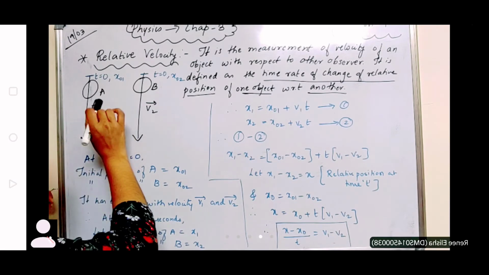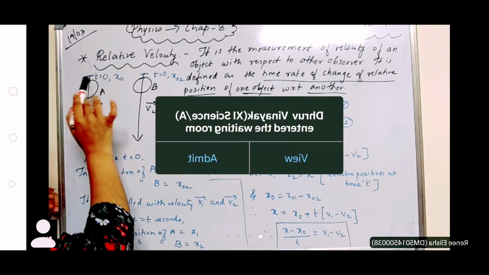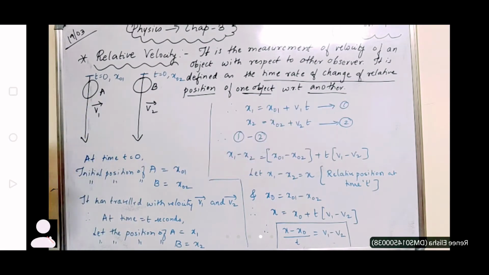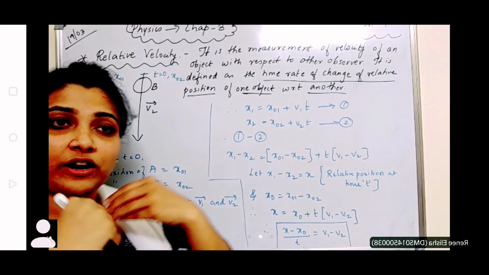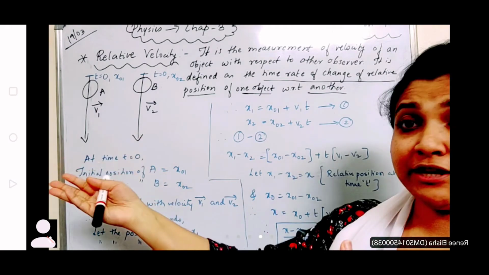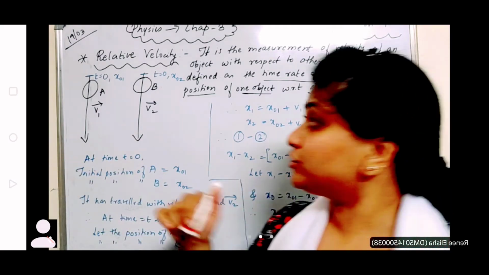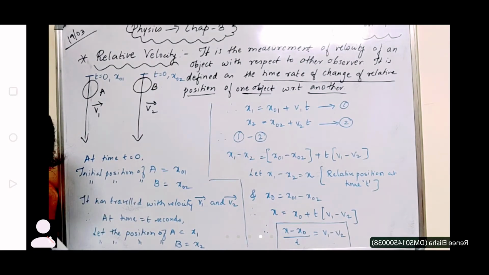Now what is the velocity of B with respect to A, or the velocity of A with respect to B? If I'm in car B, relative to A, what is my velocity? That is called relative velocity with respect to time. Alright, children.